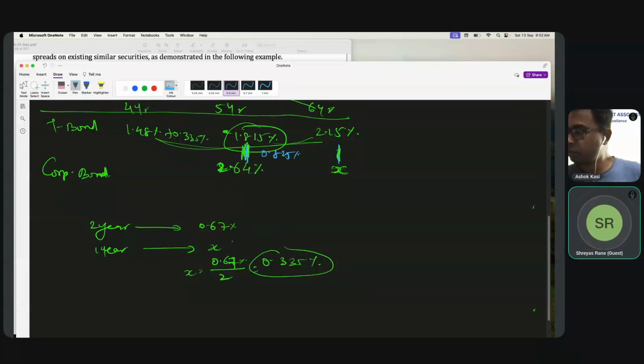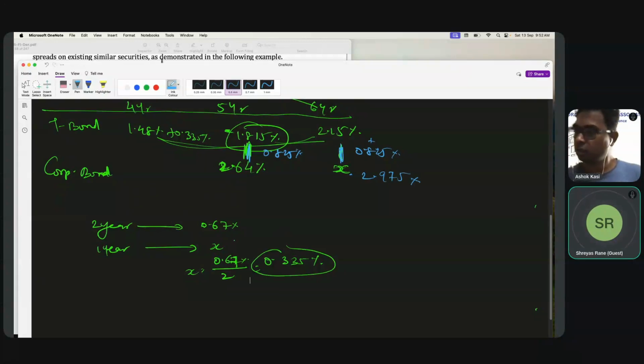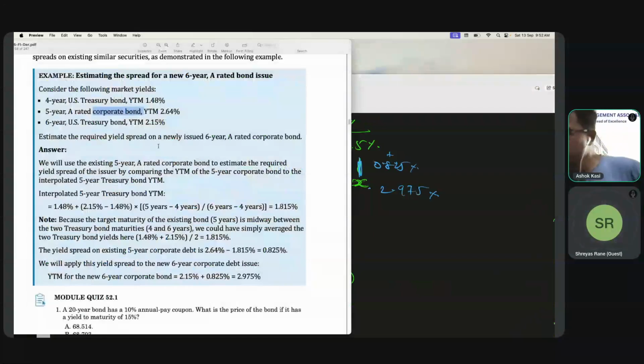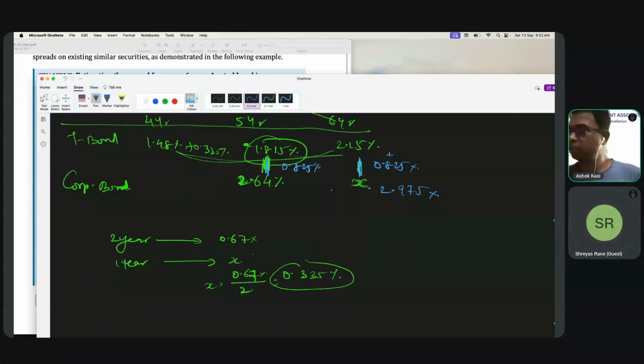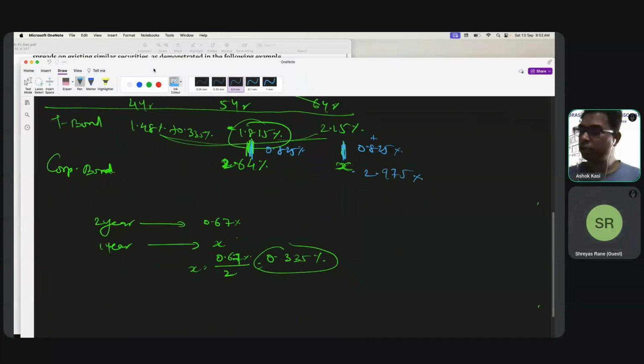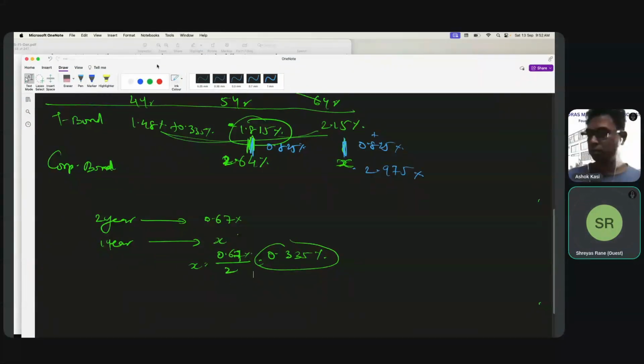So the same thing you add up here as well, the difference, and you will get the value of x, 0.825 percentage, which gives 2.975. That's it. Did they ask the price or only the yield? So 2.975. That's it. Just proportionately calculating. So it's just using the proportionate method on the existing values and finding it out.